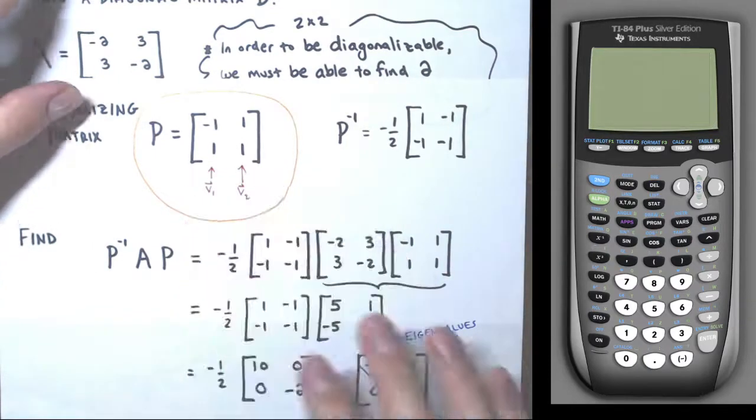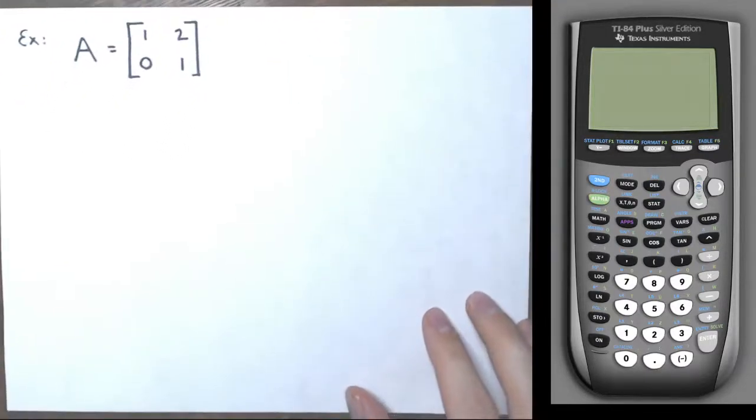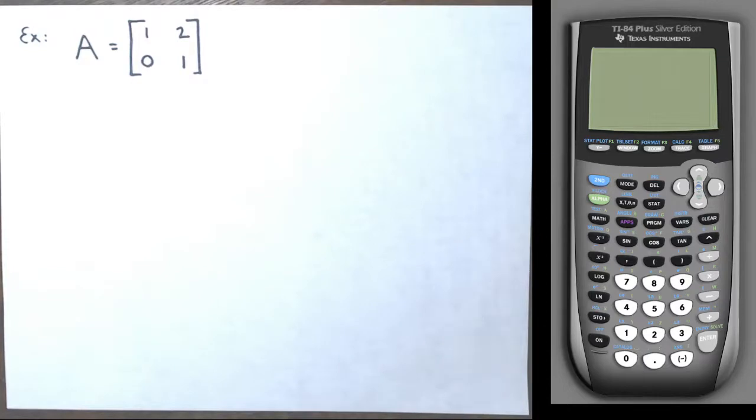So again, you're really going through the same procedure you have been, if you're working on diagonalization after some section in your book on finding eigenvalues and eigenvectors. I can't see why you would see this stuff before finding eigenvalues and eigenvectors. So that's all you're really doing: finding eigenvalues, finding corresponding eigenvectors, and if you find enough eigenvectors so that it's diagonalizable, then great. And if you don't, then it's not.